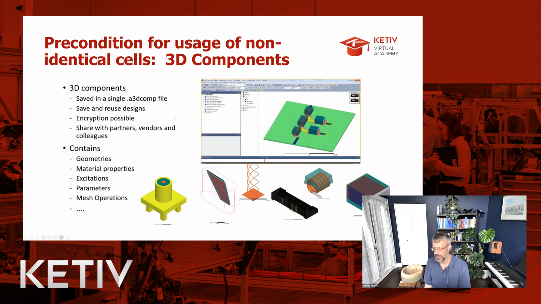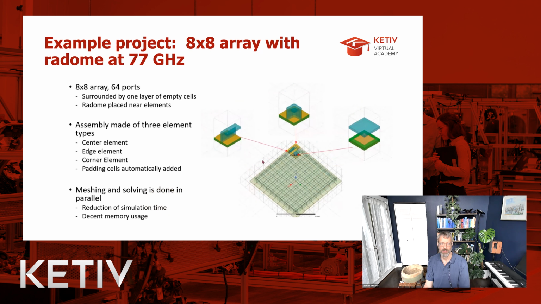That's great for vendors who have, say, antenna pieces where they want to enable you to use that antenna within your designs, similar to that SBR analysis we just went over, but their design is proprietary. So they can share the encrypted model, hide the internals so that you don't see the geometry, you just see the block and its output, and still enable you to use it and reuse it in your designs. So that's another advantage here for 3D components.